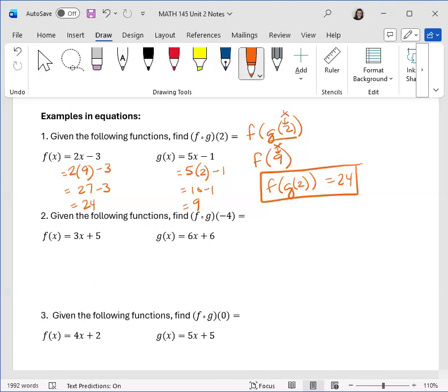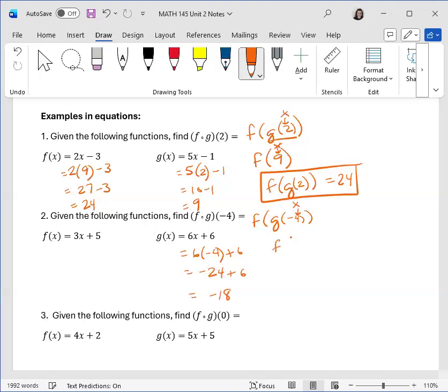All right, next example, very similar. We have f of g of negative 4. So evaluating g's function for an x value of negative 4, we're substituting negative 4 in for x. That would say negative 24 plus 6, which is negative 18.